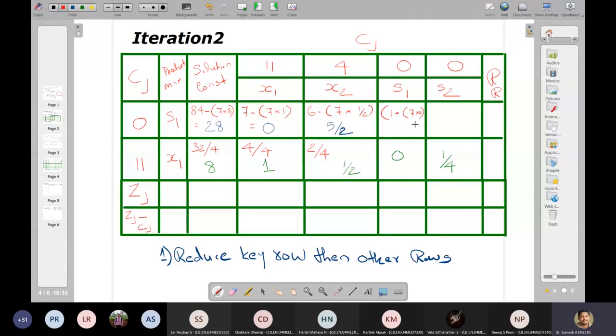So 1 minus 7 into 0, 0 is here, so it will be 1. Under S2, it will be 0 minus 7 into 1 by 4, so it will be minus 7 by 4.